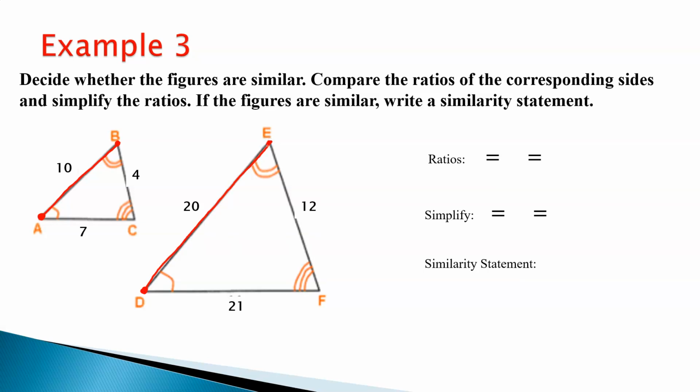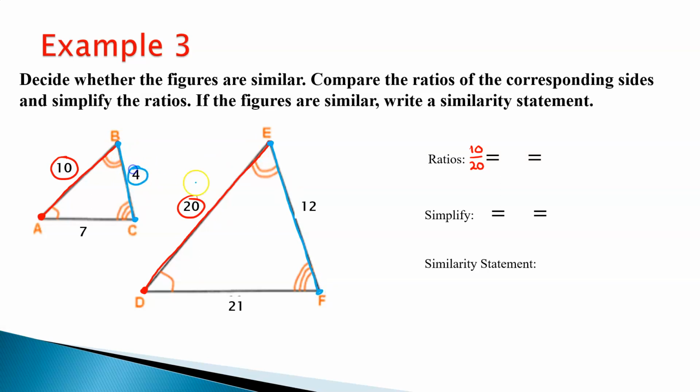So let's go ahead and write our fraction. I'm going to write 10 over 20. You could go 20 over 10 as long as you're consistent with the rest of your fractions, but I'm going to go from left to right. So I'm going to write 10 over 20 is equal to, well, let's keep matching up the other sides. I'm going to go from B to C this time, the one that had two angle symbols to the one that has three angle symbols.